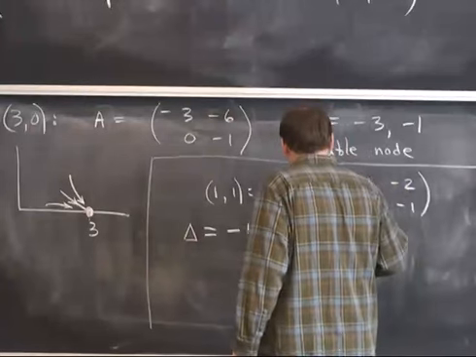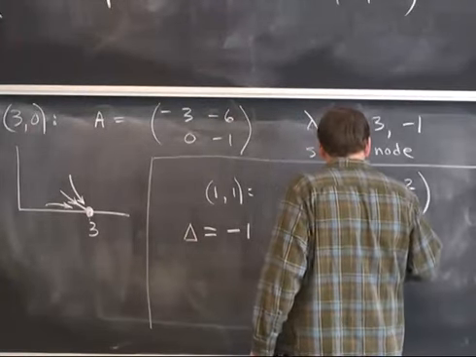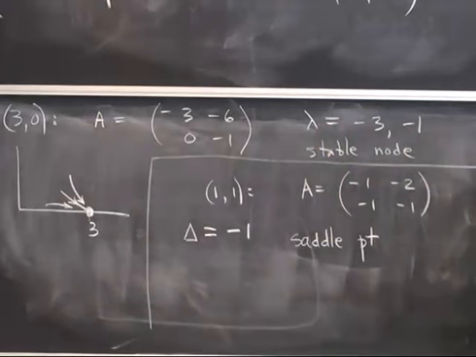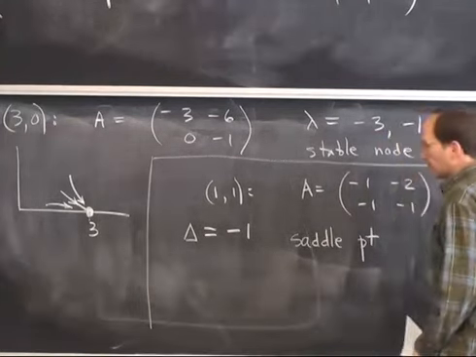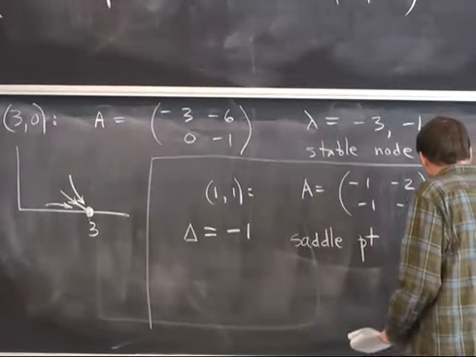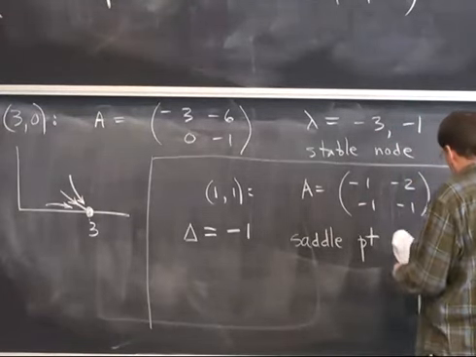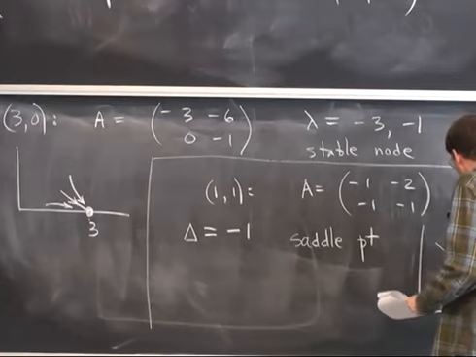And saddle points are reliable. We know from the linearization they're not borderline cases. So the saddle point, and I should have said, these other stable nodes are equally reliable. So linearization works for us. And if you check the eigenvectors of this matrix, you'll find that near 1, 1, the flow looks like this, approximately.